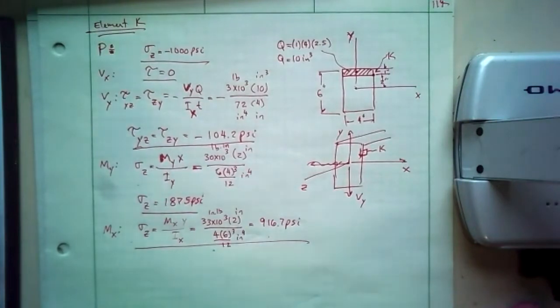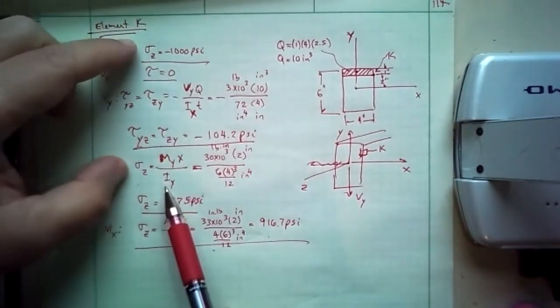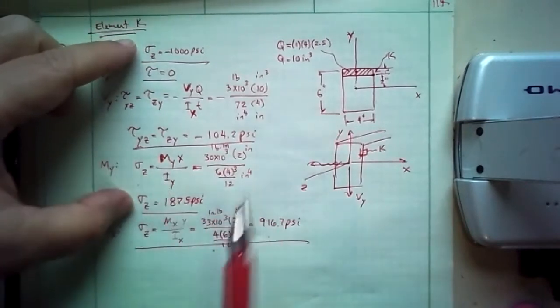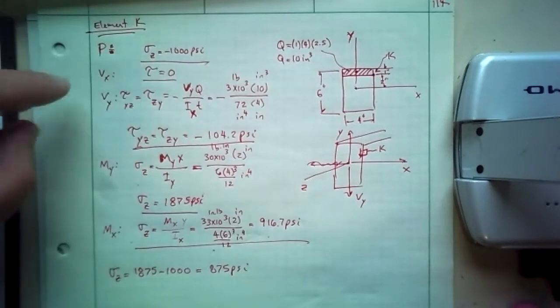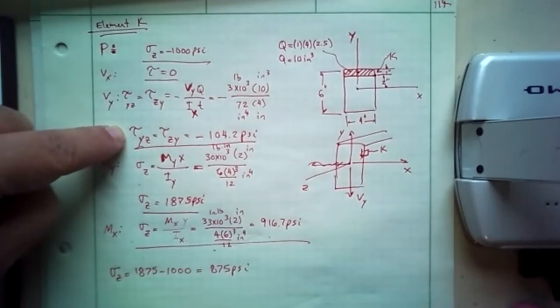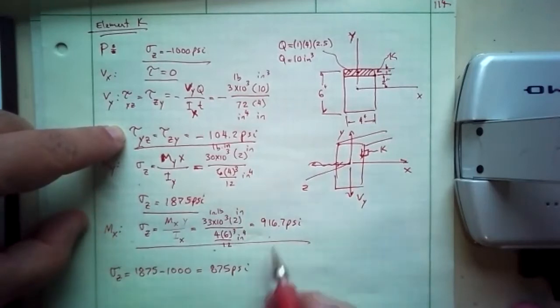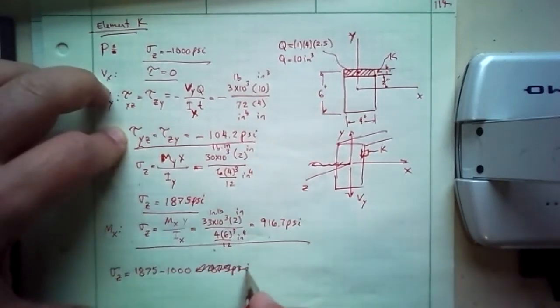Okay, so now I can add or subtract. First I'm going to look at the normal stresses in the same direction. They're both in the z direction. So sigma z is 1875 minus 1,000, which is 875 psi. So I took care of that. This one is 0. This is tau, that's the only tau I have. Wait a minute, there's another sigma z. I didn't do this right. I can't erase it. Plus 916.7.